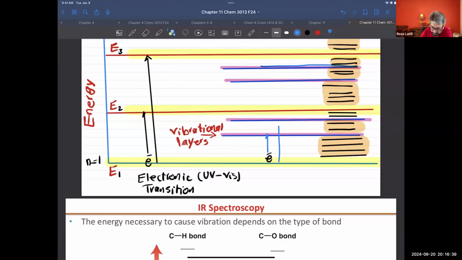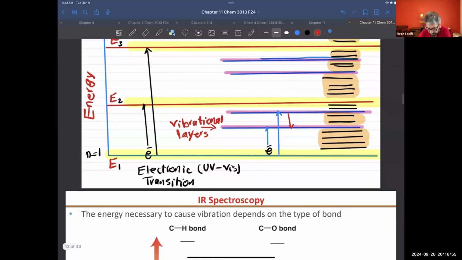The electron can go there, and of course, the electron can also relax from that layer to the second one. If you are transferring an electron between vibrational layers, in that case, we say you're dealing with a vibrational technique, or you can call it a vibrational transition.